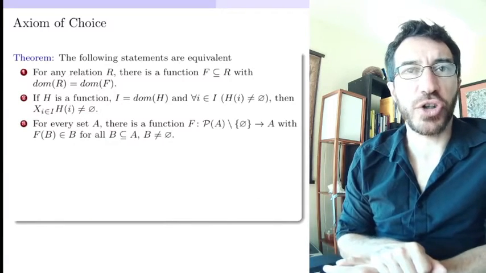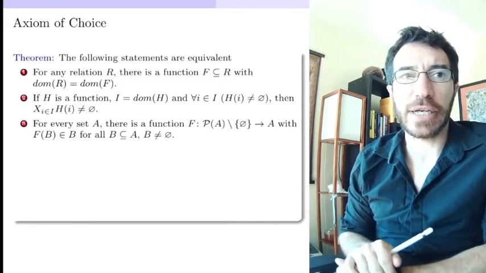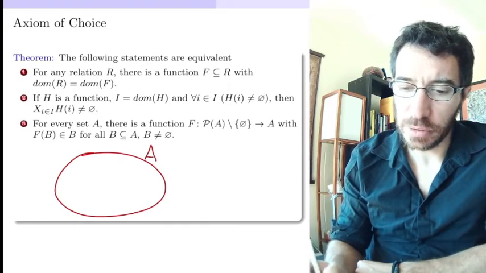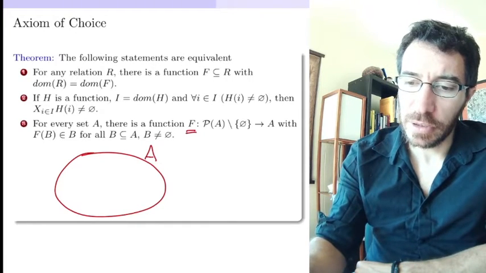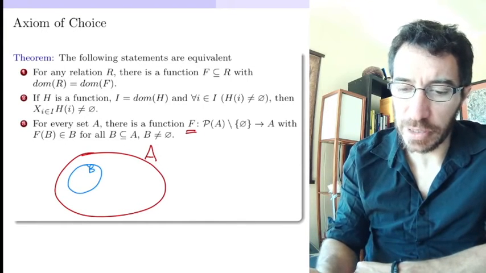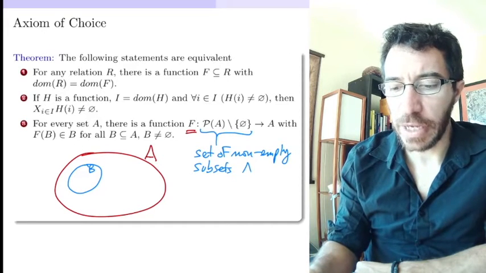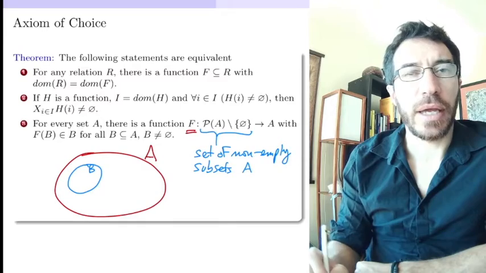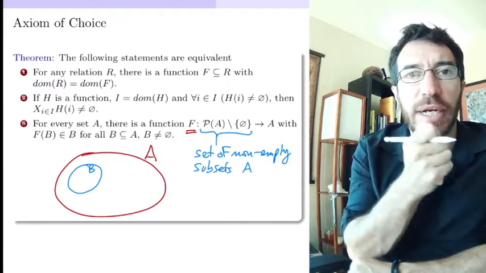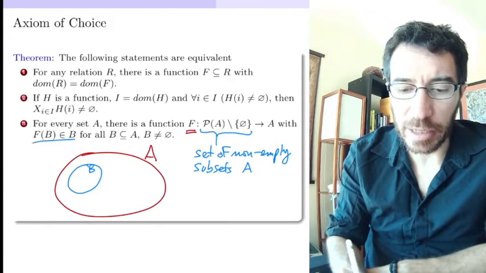Third form of the axiom of choice, which we actually used in one of the lemmas, says that if you have a set A, you can define a map, capital F, that whenever you take a non-empty subset of A, so remember this set up here is the set of non-empty subsets of A, the function is going to give you an element of A. So you input a subset and it outputs an element with the property that the element that it outputs belongs to the set.